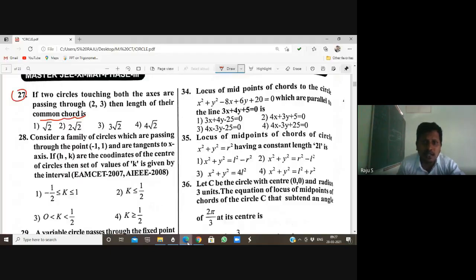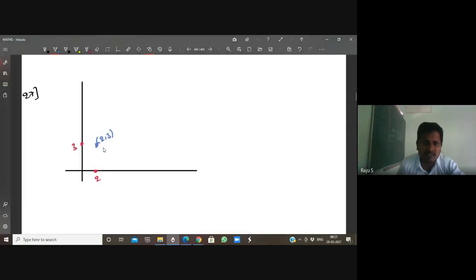The two circles must be touching both the axes and passing through (2, 3). So how can you draw the circles?